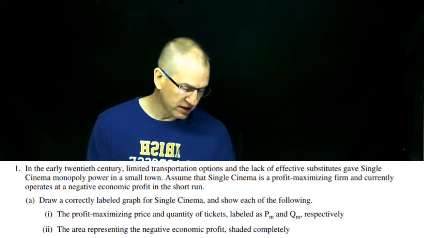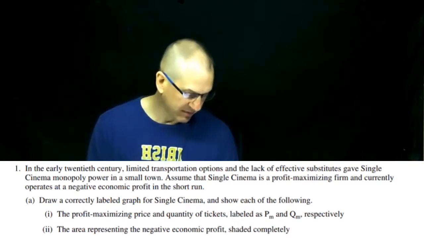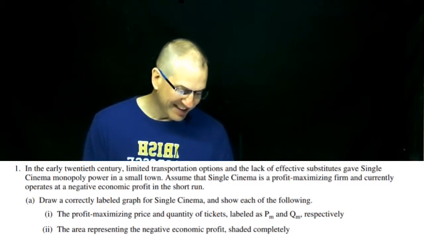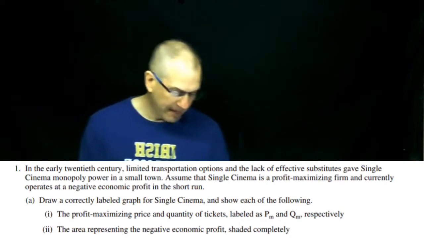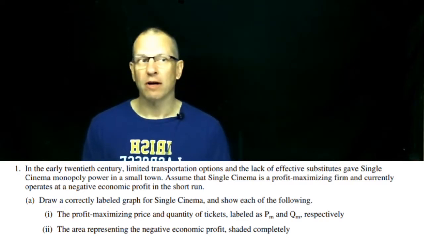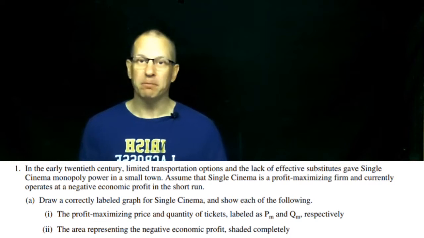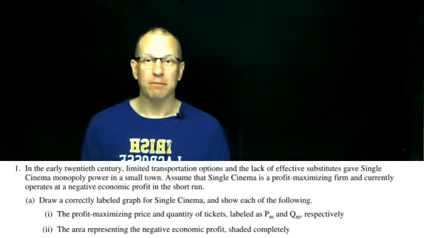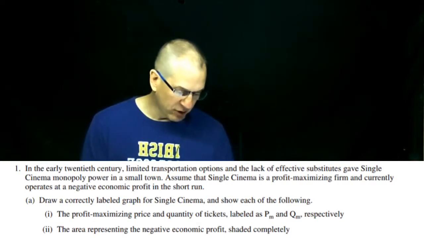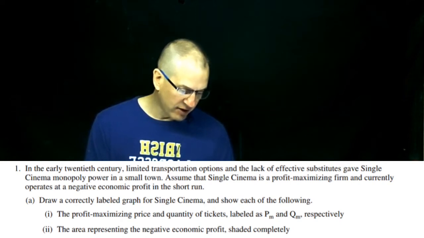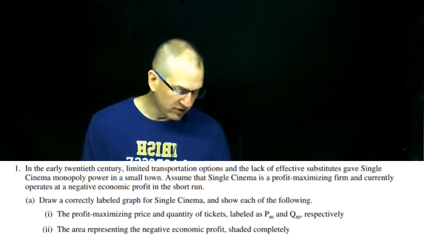It says, assume the single cinema is a profit maximizing firm and currently operates at a negative economic profit in the short run. Okay, which is a little bit different. A monopoly is usually making profit, but here they're asking us to draw it making negative profit. So 1A says, draw a correctly labeled graph for the single cinema and show each of the following.